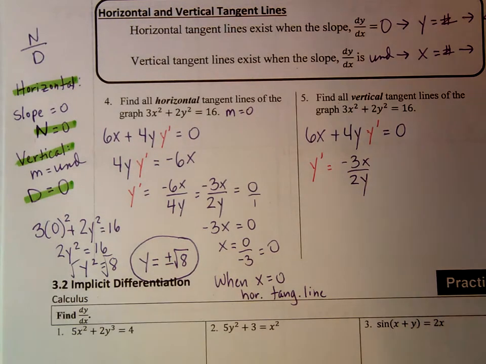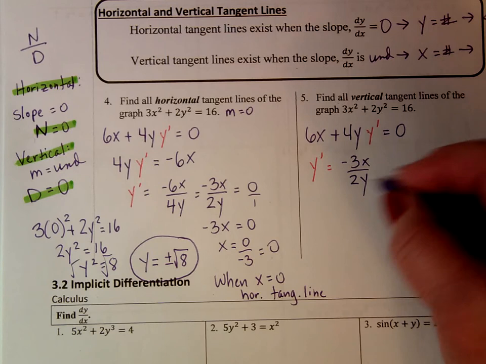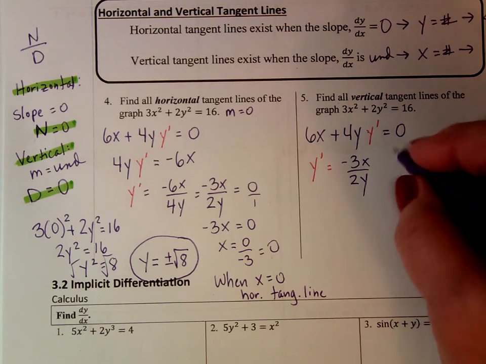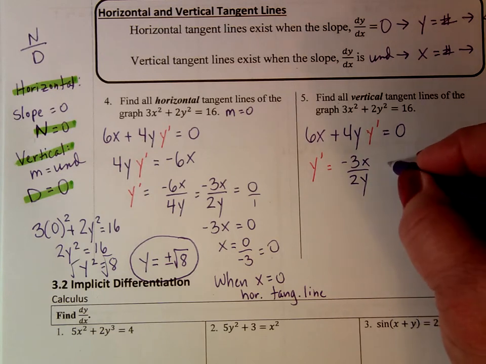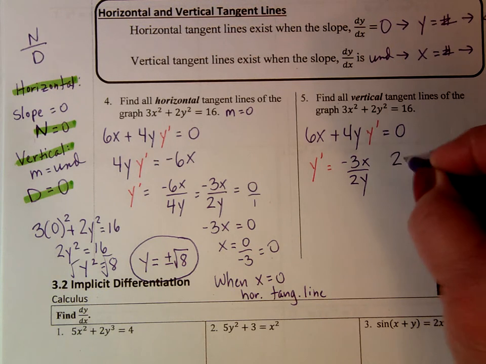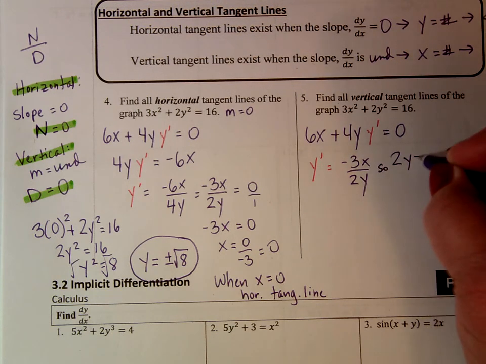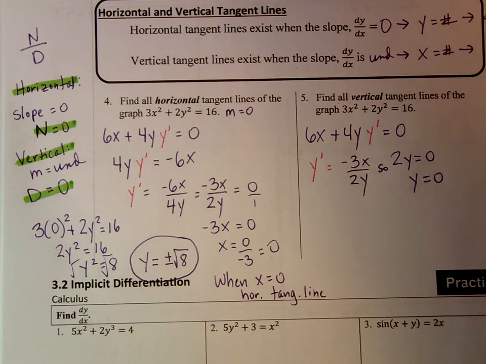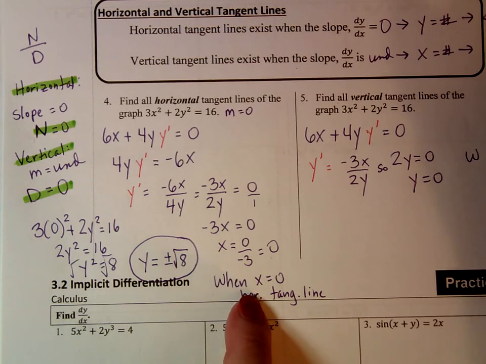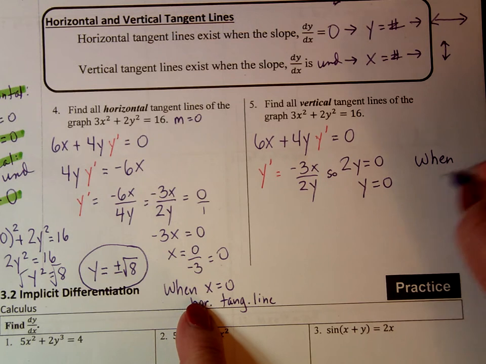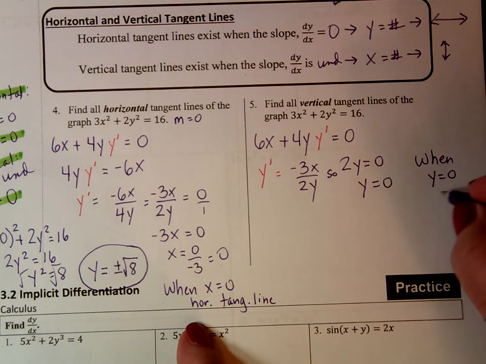So if I set my denominator equal to 0, then I know that 2y has to equal 0. So y equals 0. When y equals 0, I have a vertical tangent line.